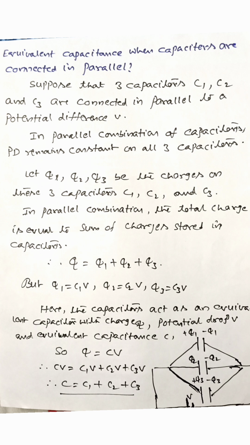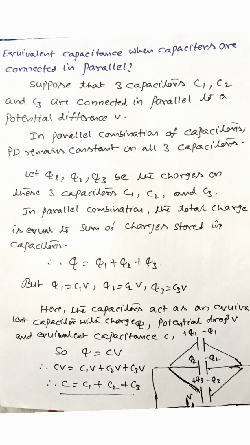Suppose, as shown in the diagram, that three capacitors C1, C2, C3 are connected in parallel in such a way that all positive terminals are connected to one point and all the negative terminals are connected to another point. Here it can be observed that potential difference V remains constant on all these three capacitors.